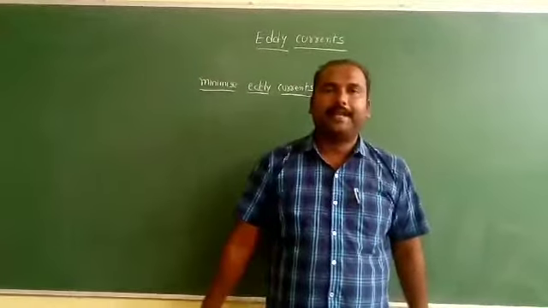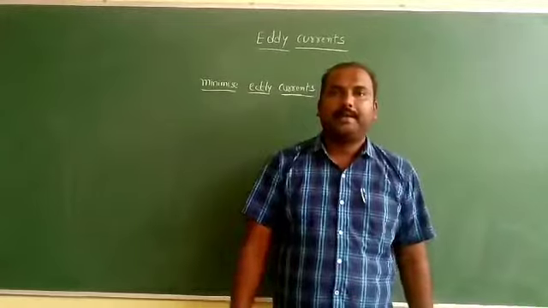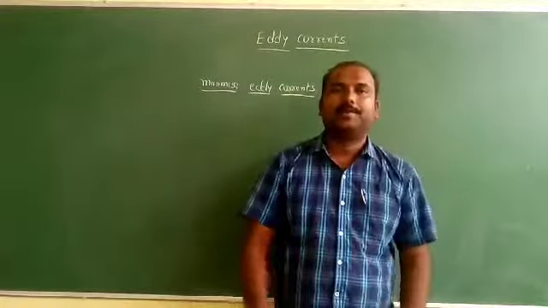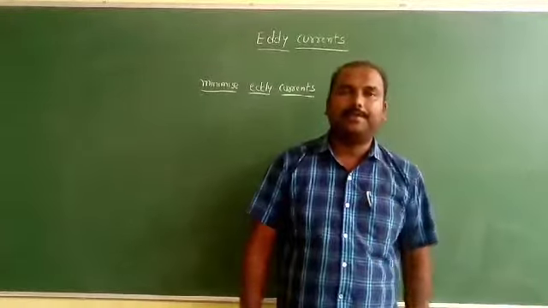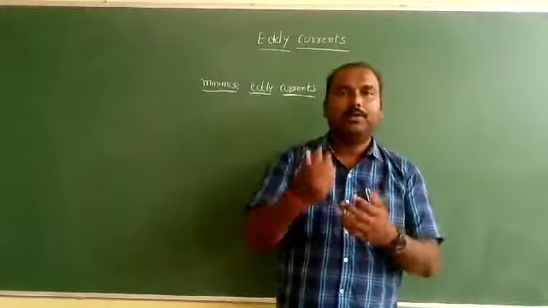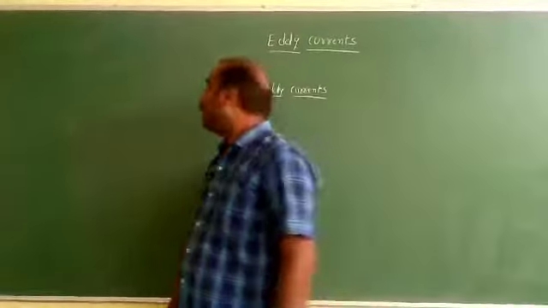Because of these eddy currents, a lot of heat is generated, and that is the reason the transformer loses its efficiency and finally loses its lifetime. Then how can you minimize these eddy currents?